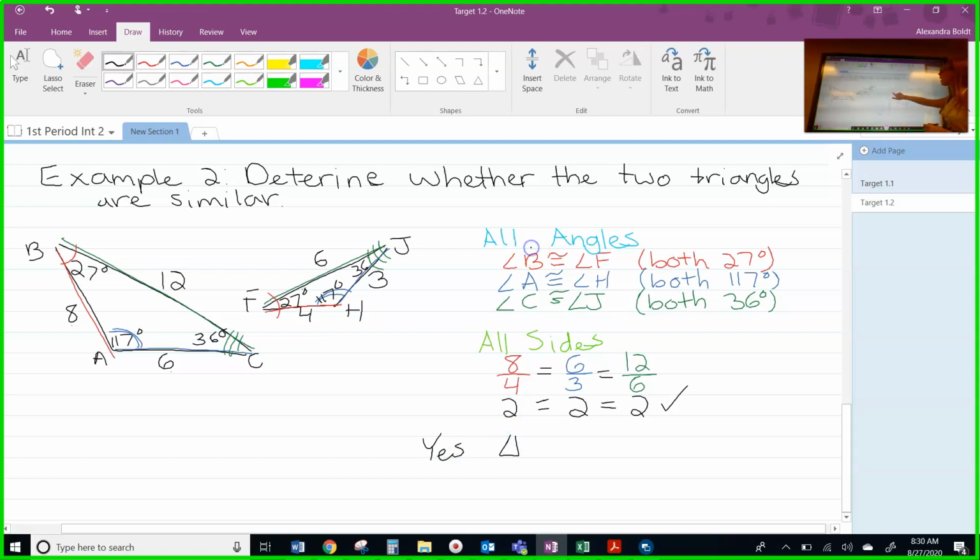But if you did your angles, I'm just going to go in that order. So triangle BAC is similar to triangle, and then do the same order for my second triangle, so FHJ.